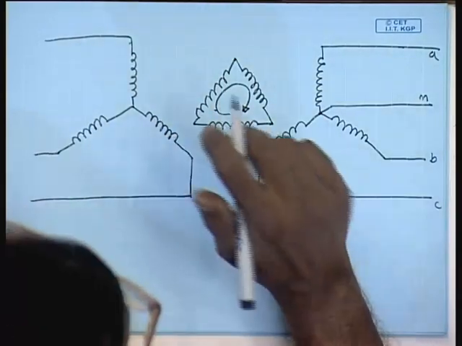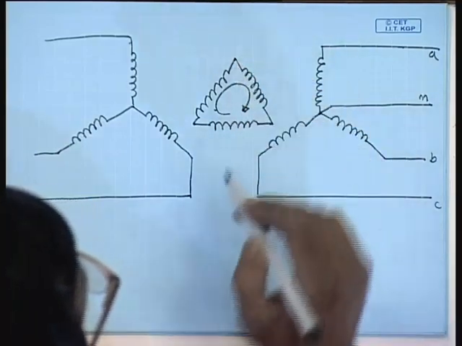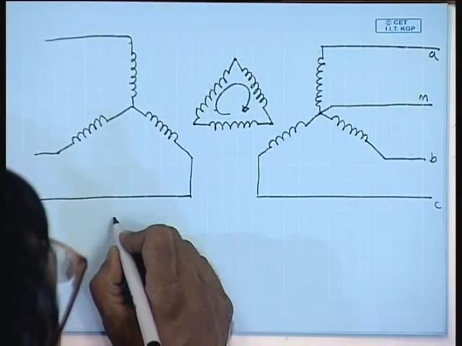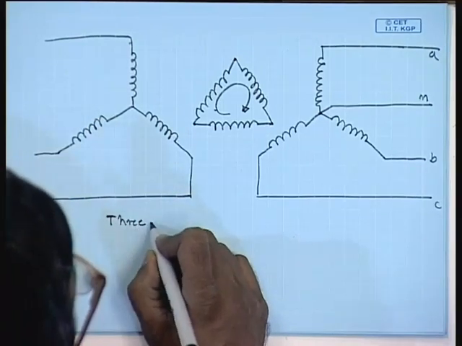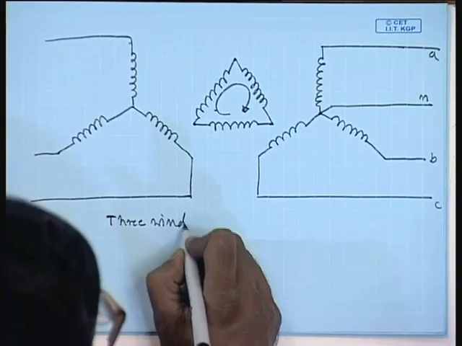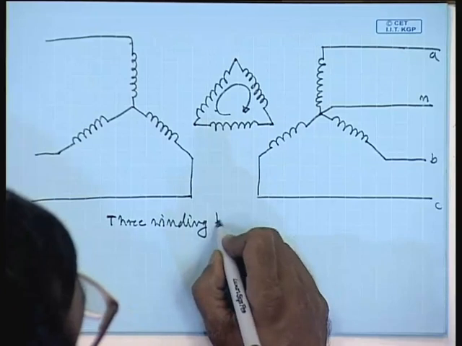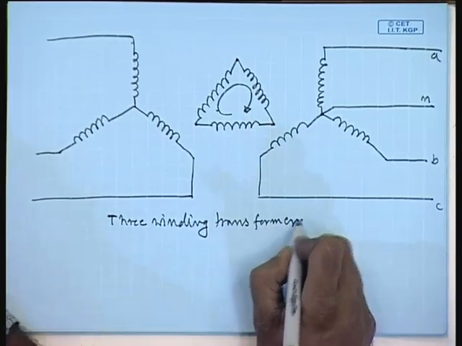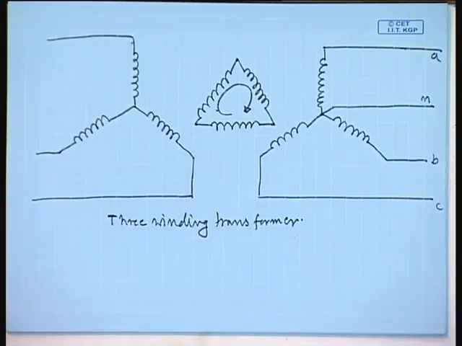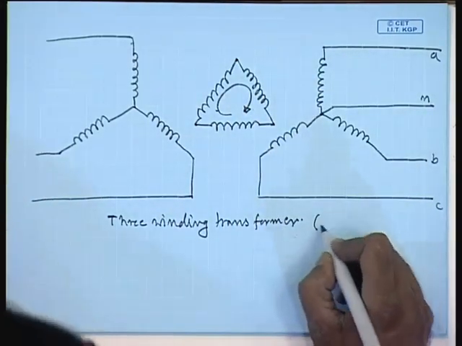In many cases, such a winding is provided and those transformers are called 3 winding transformers. So, the third winding is called the tertiary winding.